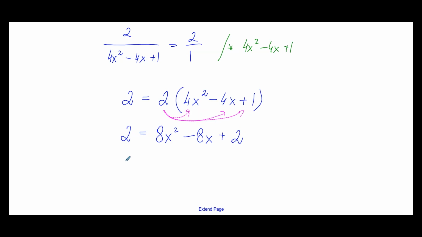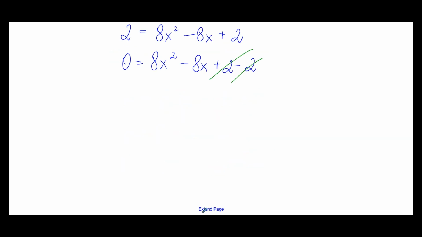Now, since it's the minus b formula, that 2 has to cross over so that I have all elements on the same side. Now we can see that our plus 2 minus 2 gets simplified out, and we have only 8x to the power of 2 minus 8x left. You can still use the minus b formula, believe me, it will work. The only thing is that we don't have the c element, and that c therefore will be 0 in the minus b formula.